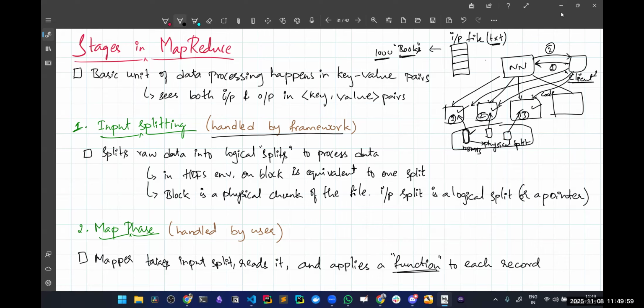The input split is not a physical split. This is a logical split. What do I mean by that? Let's say this particular file starts from byte 0 to 128 MB. That is the lowest and highest. The file has some markers to indicate that.